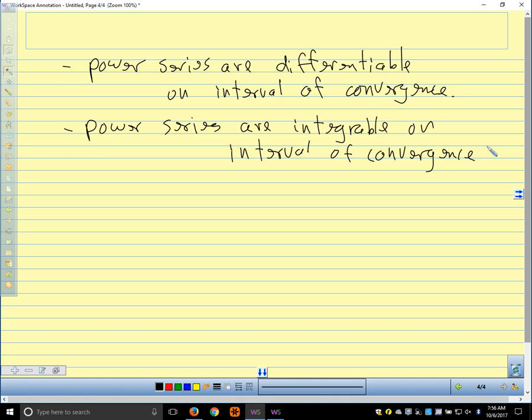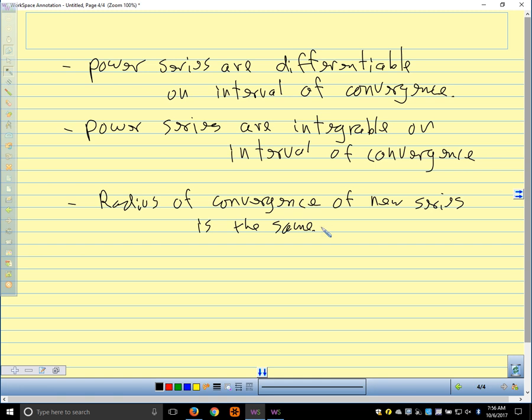The radius of convergence of the new series obtained is the same, but the interval of convergence might be different.